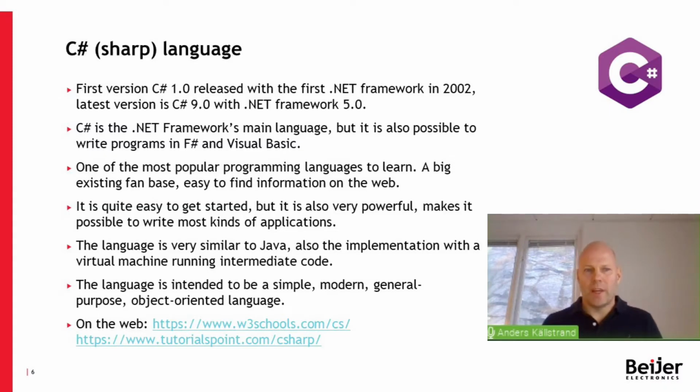I would say that C# is the main language of the .NET framework, but it's also possible to write programs in something called F#, which is a functional language, and Visual Basic, which looks quite similar, I would say, to C#.